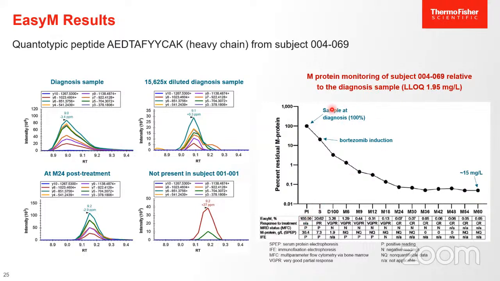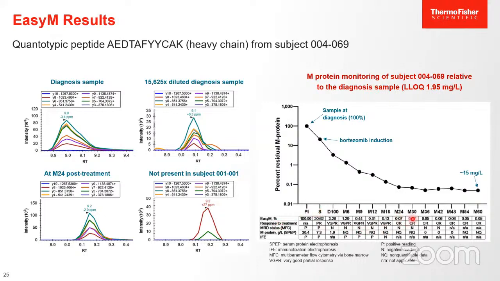Now, the patient sample was given treatment with a particular drug, which we all know is used for multiple myeloma, and then they observed it over a period of time. So you can see they observed at month 24 post treatment, and also other time points. They compared it, and it gives a very nice correlation initially with the conventional technique.